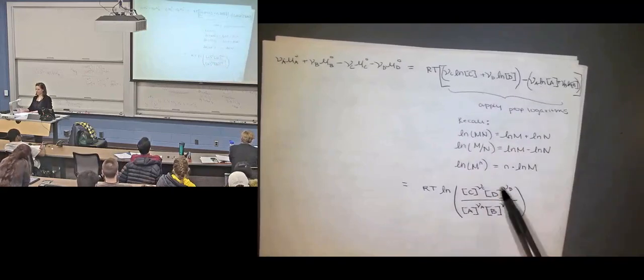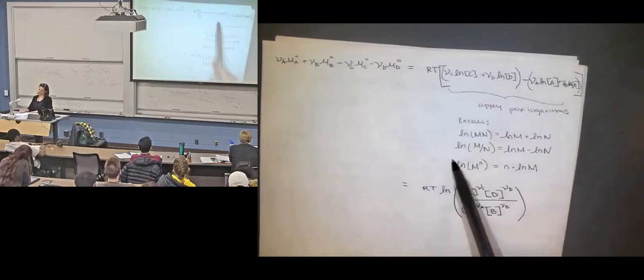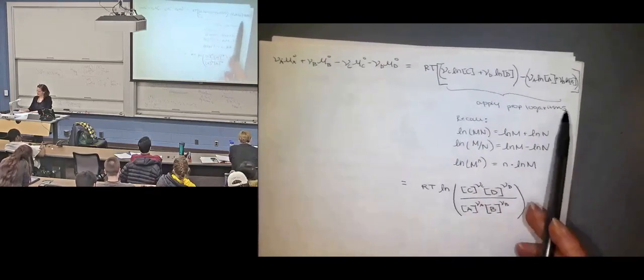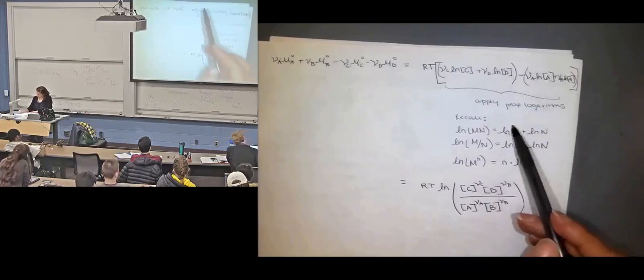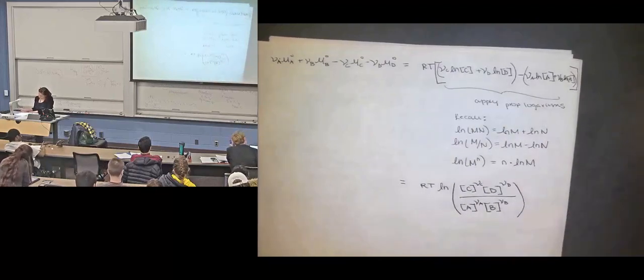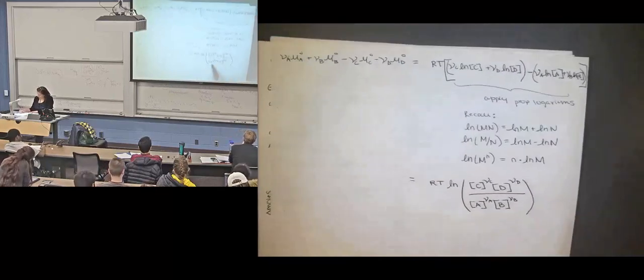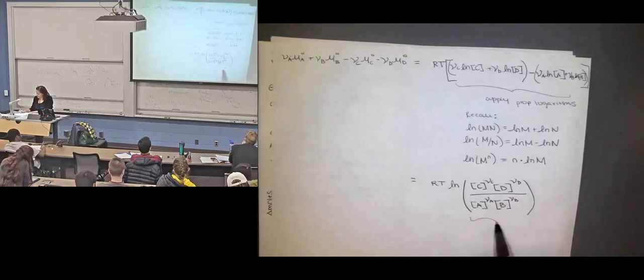Subtraction terms are now the quotient, they're on the bottom. These ones are being added together, they're on the top. By power law, we move these up. So this whole thing is KEQ.